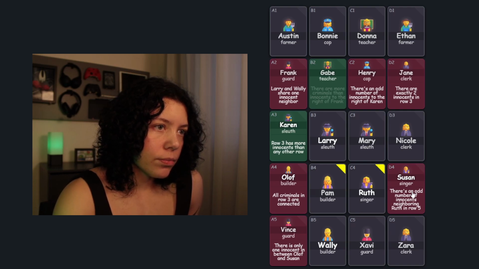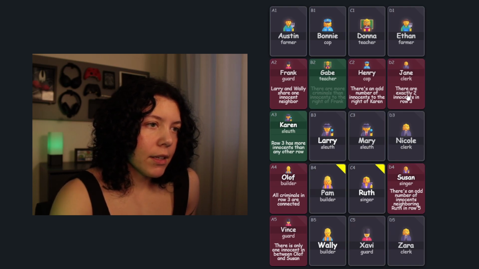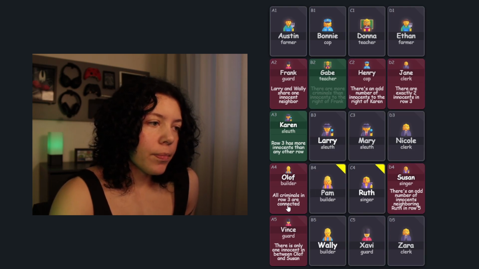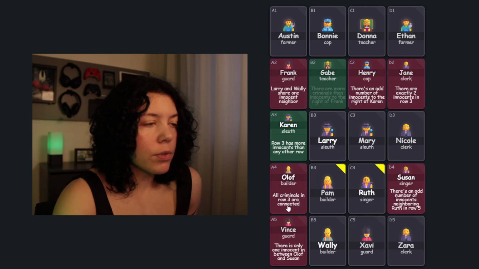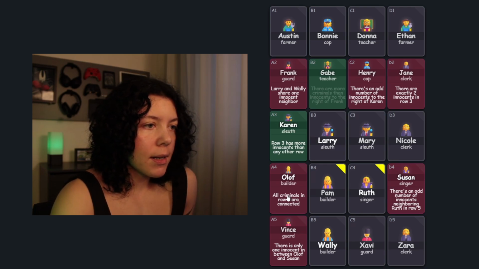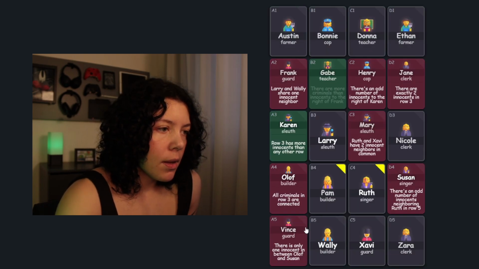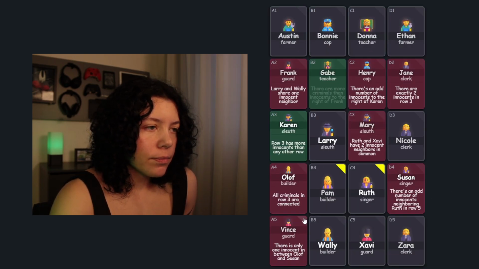So there are exactly 2 innocents in row 3, and all criminals in row 3 are connected. Well, if there's 2 criminals in row 3, they have to be either Mary and Larry or Mary and Nicole. So in any case, Mary is a criminal. And either Larry or Nicole is an innocent.